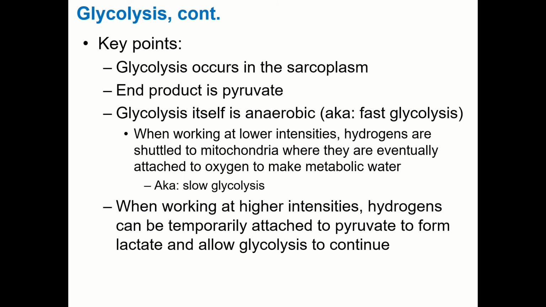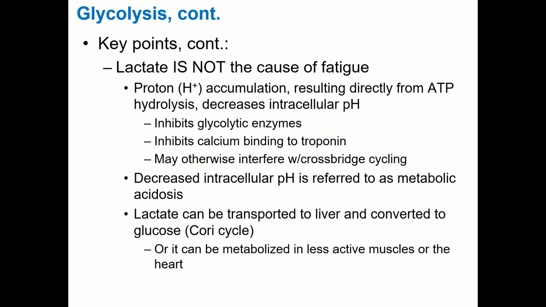If the end product of glycolysis is this pyruvate, and in order to keep this process up, because we're working at a high intensity, we have to drop hydrogen onto it to create lactate, now that's anaerobic, or in some textbooks, anaerobic or fast glycolysis, okay? So if we're working at higher intensities, hydrogens can be temporarily attached to pyruvate to form lactate, which we talked about, and that allows glycolysis to continue.